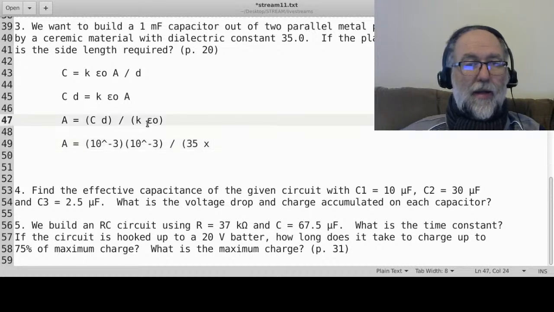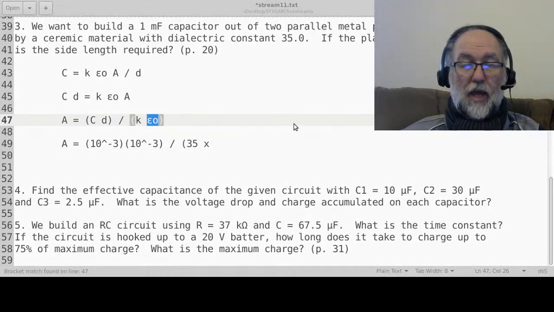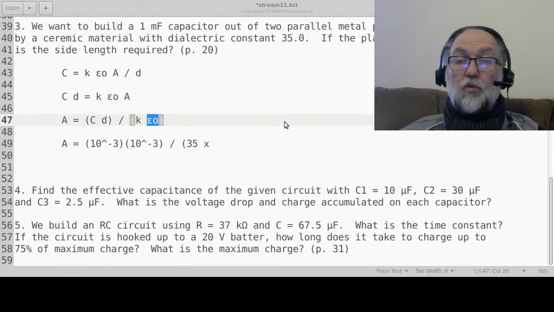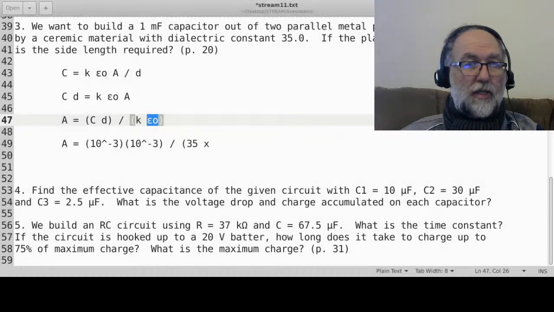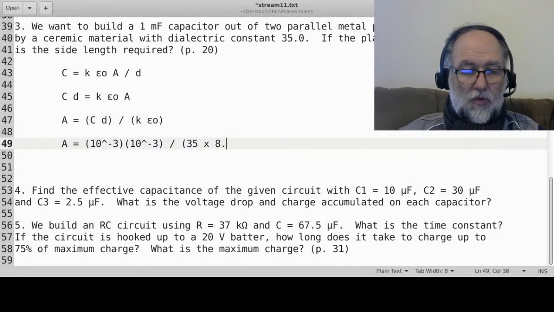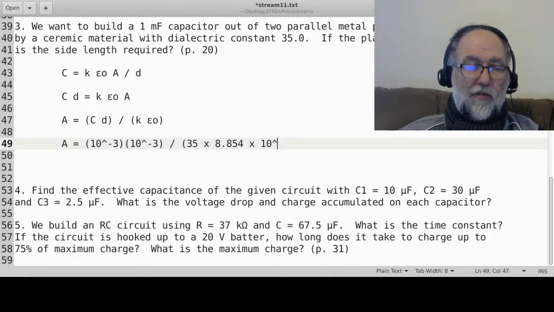Multiplied by epsilon naught, which is a number. Okay, and it's actually related to the Coulomb constant that we studied in the section on electricity, and the value in MKS units is 8.854 times 10 to the minus 12, like that.